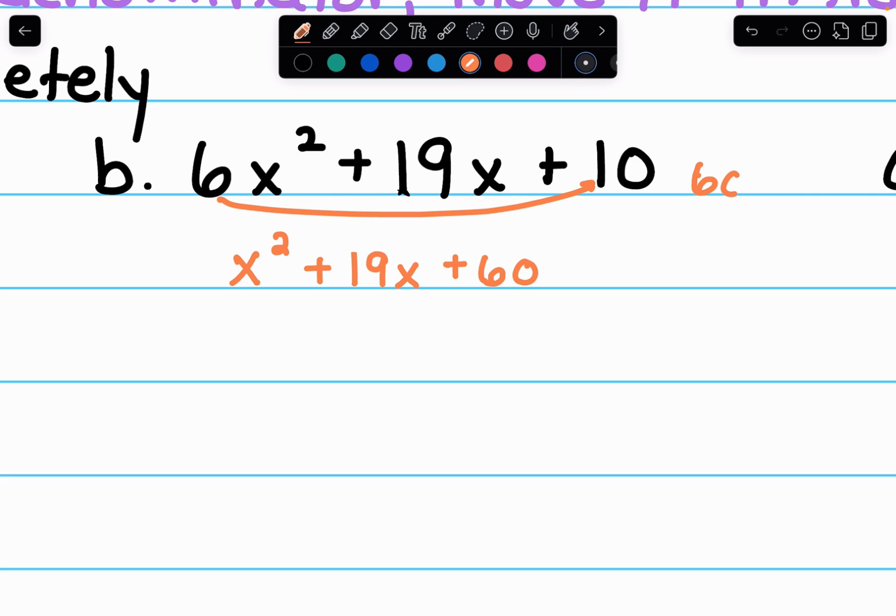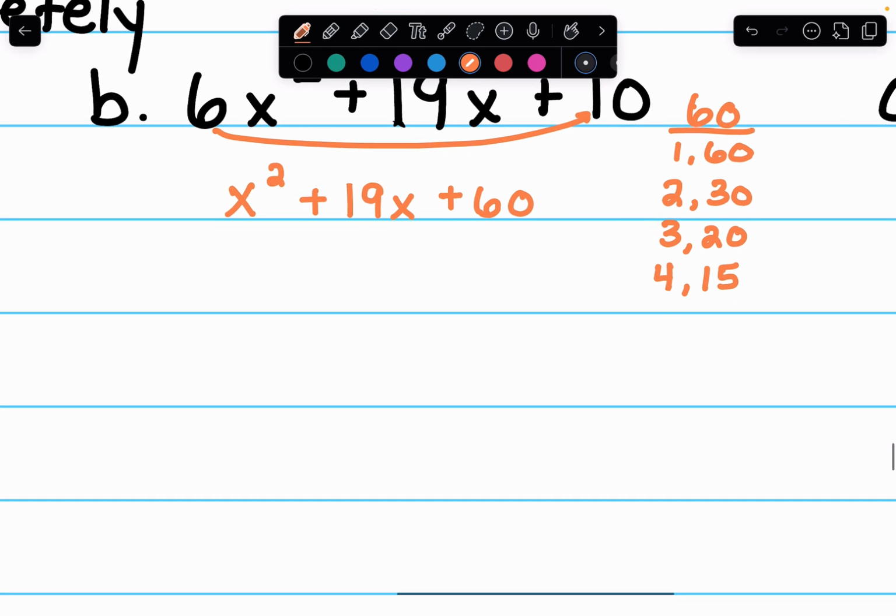So, you have a calculator, so you would just use it. 1 and 60, my pen is acting up. 2 and 30, 3 and 20. 4 and 15, 6 and 10. Okay, obviously the one that we're going to use is 4 and 15 because those add to 19.